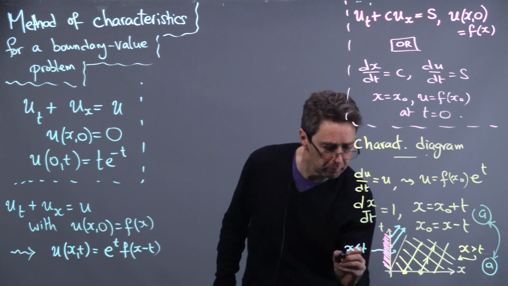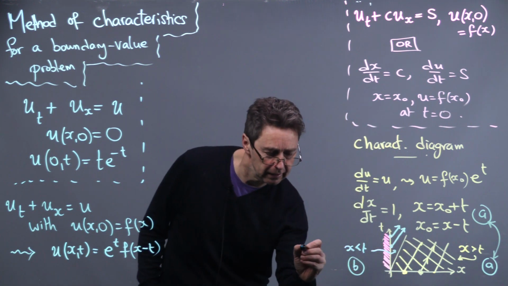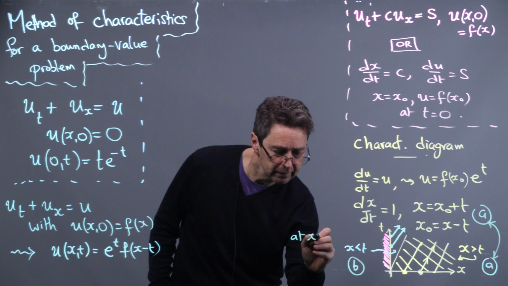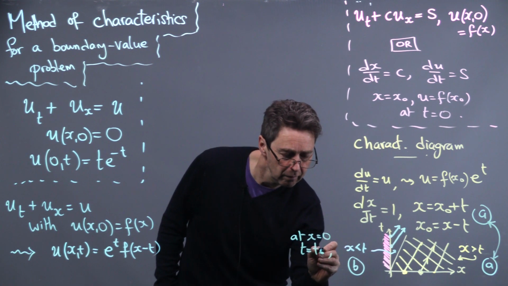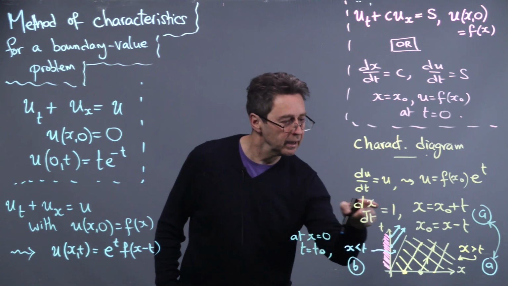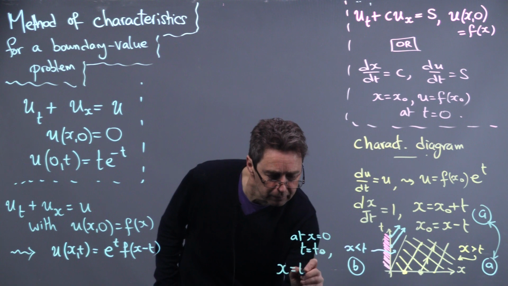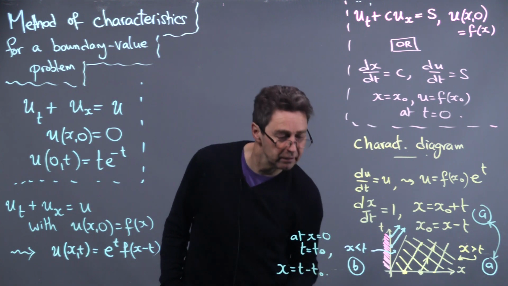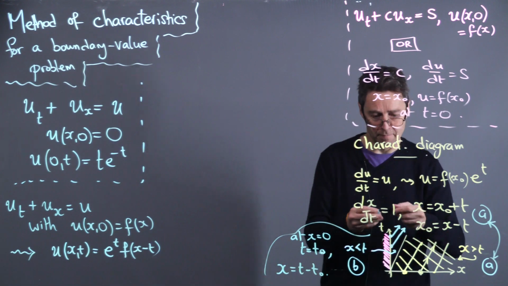We have now family B, and if I choose to say that at x equals 0, t is equal to t0, then the analogue of this is family B, which is going to be x is equal to t minus t0. All right, so we've actually got these two families now.